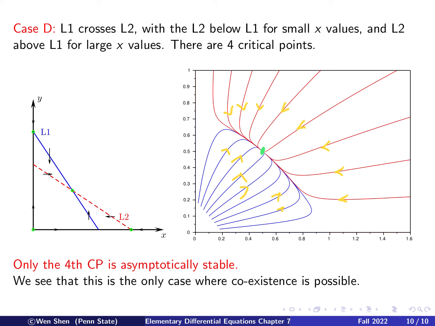Okay, and that's the only case among the 4 where coexisting is possible. Okay, so that's all the cases, and that's all I plan to say on that. Just to show you the complexity of such a simple model with only 2 competing species.